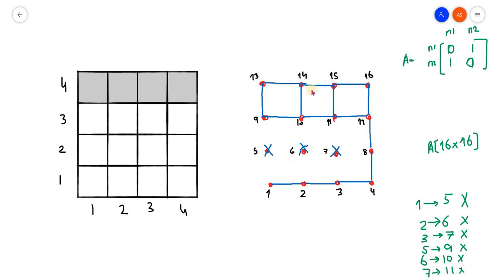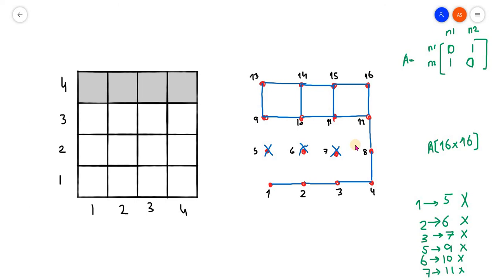But in this particular case, there are fewer connections. There are only 1, 2, 3, 4, 5, 6, 7, 8, 9, 10, 11, 12, 13, 14, 15. Only 15 edges are there. But our adjacency matrix is 16 by 16.